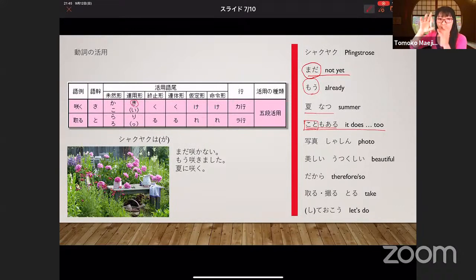And then you conjugate 咲く with こと: 咲くこともある. Saku koto mo aru. Yes! 芍薬は5月に咲くこともある.